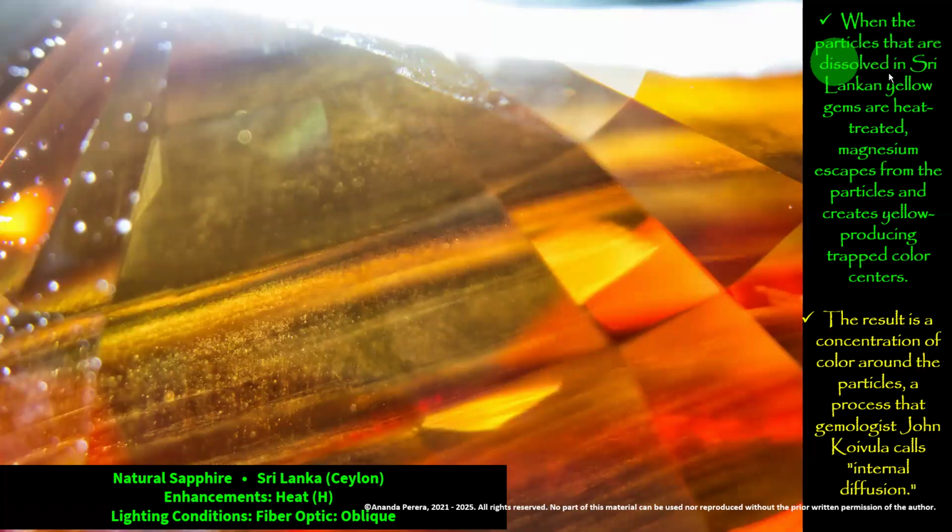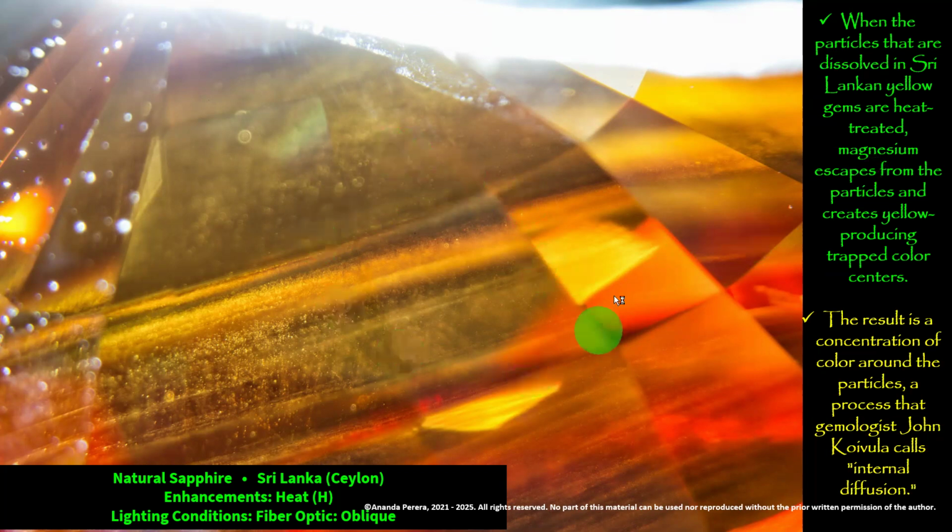When the particles that are dissolved in Sri Lanka yellow gems are heat treated, magnesium escapes from the particles and creates yellow, producing trapped color centers. There are trapped color centers. We are teaching later after lesson 90. So that trapped hole color centers are giving the color, escaping the magnesium.